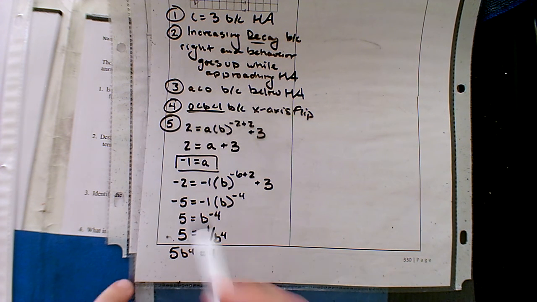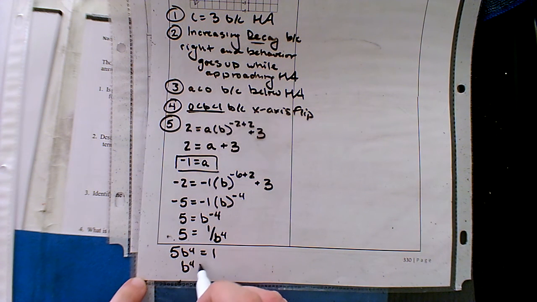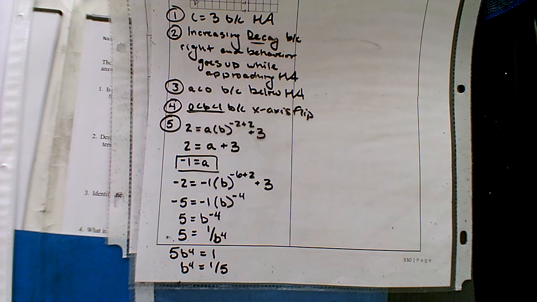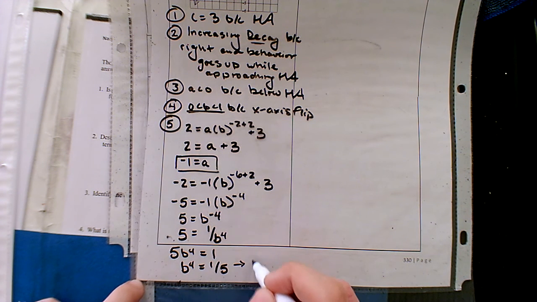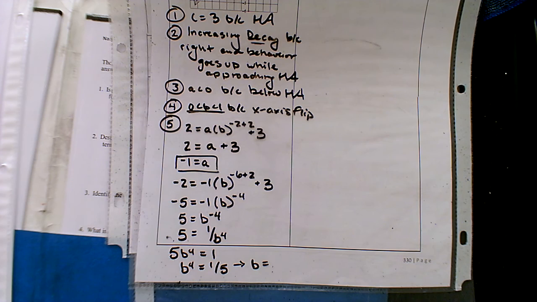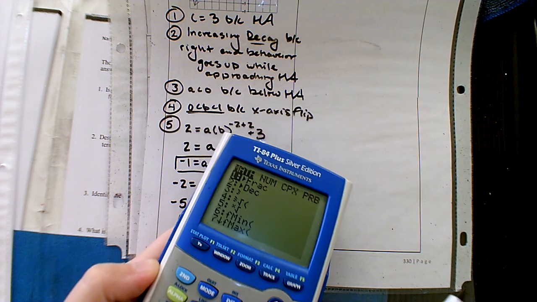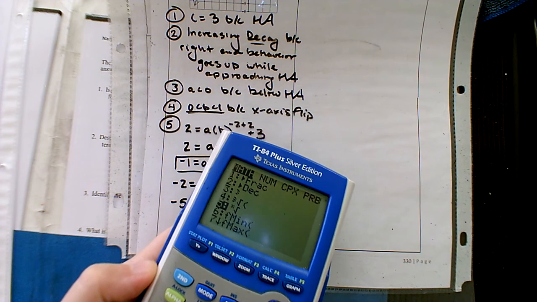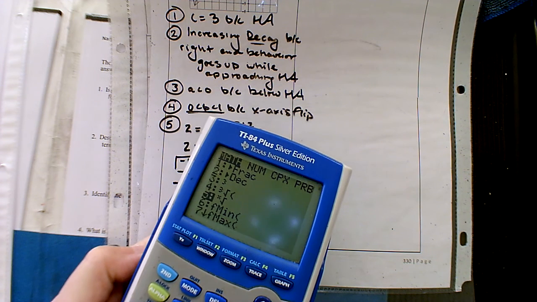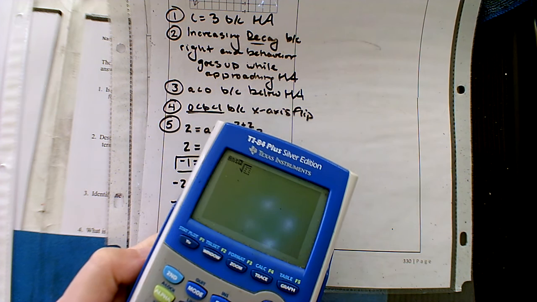All right, so now we can divide the 5, and we got to take the 4th root. So again, on our calculator, if we hit the math option, go to number 5 that has the X, so you can put in any number you want.